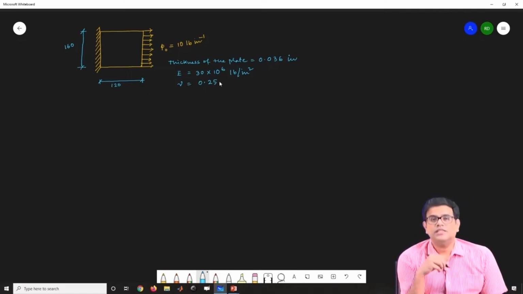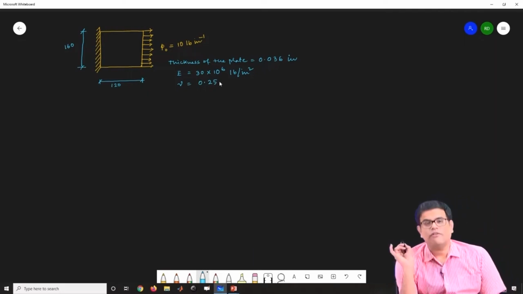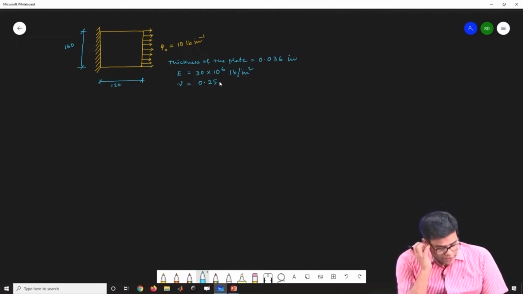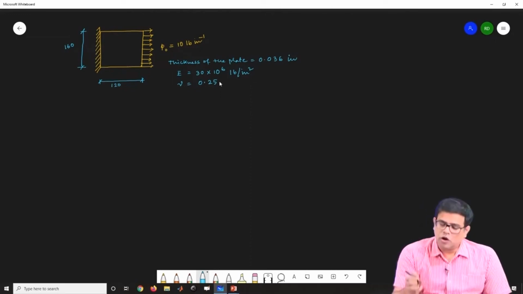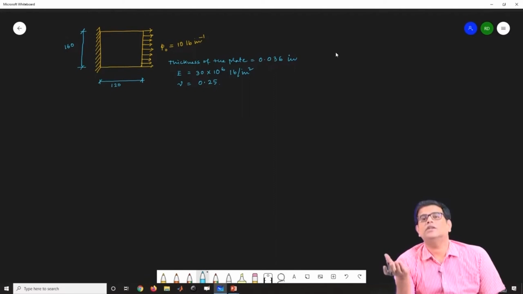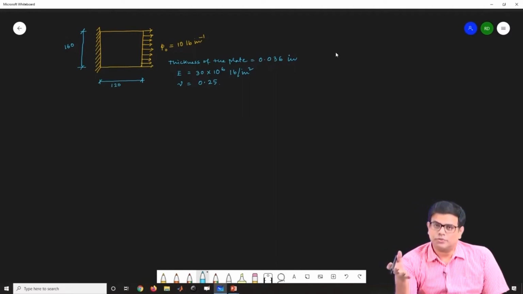Now, this plate we want to solve by the finite element method. Since this is a thin plate, it is natural to assume it's a plane stress problem.